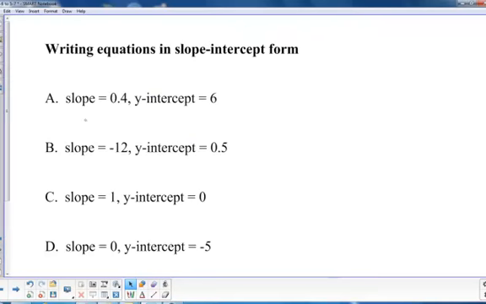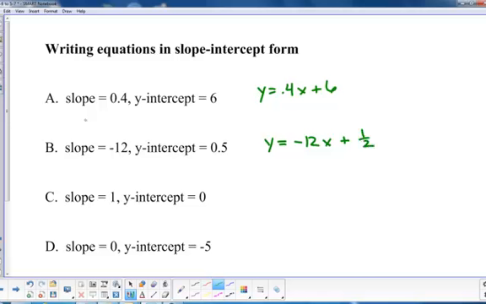So if you're given the data, you just write the equation. So if your slope is 0.4, you write 0.4x plus 6. Why don't you pause it really quickly and see if you can write these 3. Your slope is negative 12, and your y-intercept is 0.5 or 1/2.